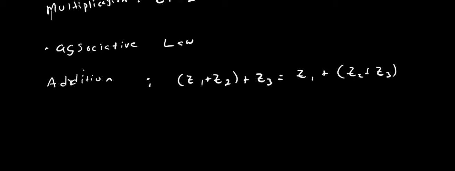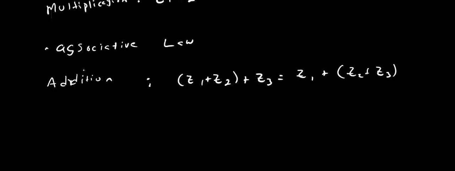So it's saying no matter how you add them up, it's all going to equal the same thing. So if we had three things being added, we don't have to have parentheses stating what we're adding first or second, because the order of the addition does not matter.